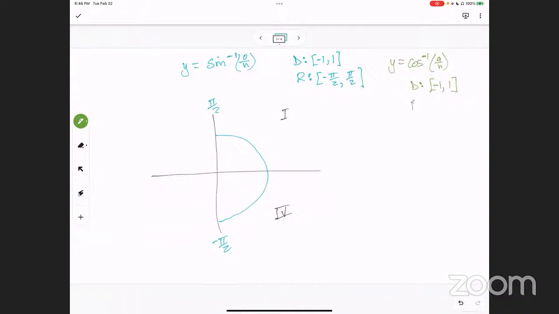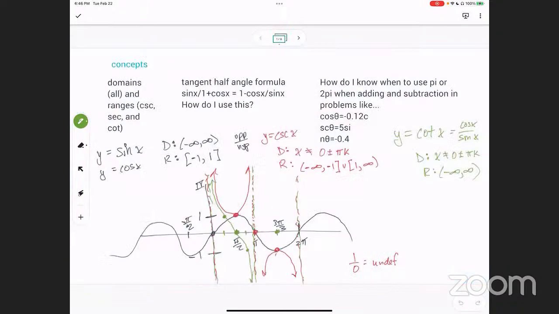And the range of this one, let's look at my cosine graph now. The cosine graph, actually, I'll make this in yellow. The cosine graph starts up here and ends up here, and it goes down here, and did I do that right? Yeah, and through here and through here. So your cosine graph does this.